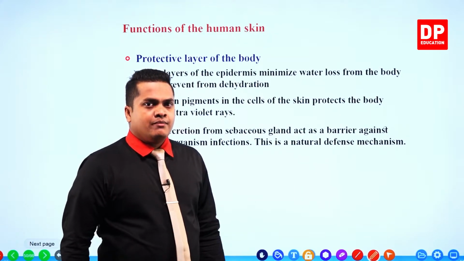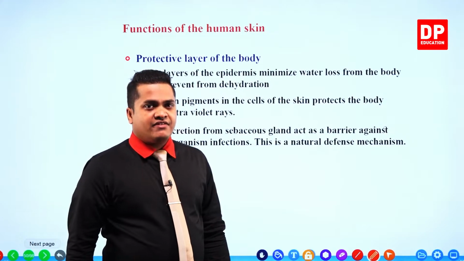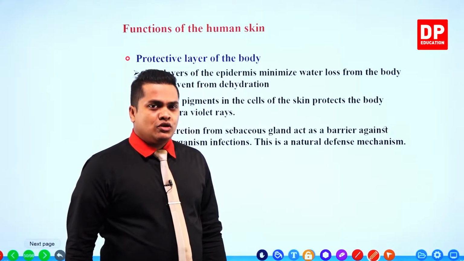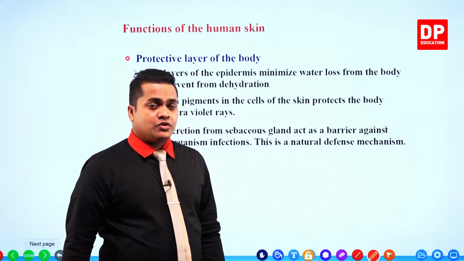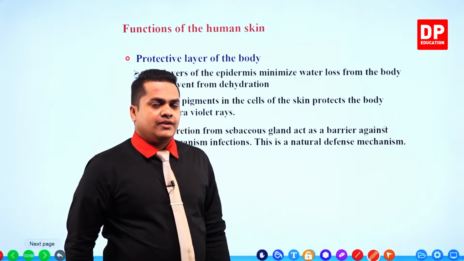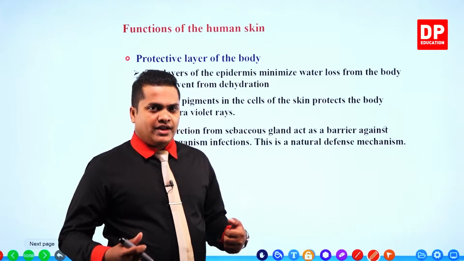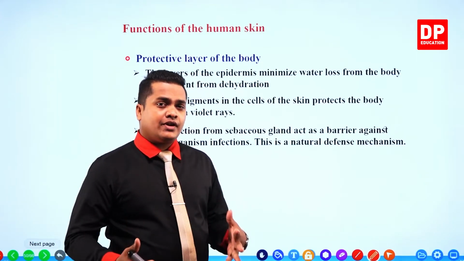How come? Because each and every microorganism, each and every pathogenic organism should pass through the epidermis, through the skin, to enter our body. So thereby skin is acting as a protective layer.